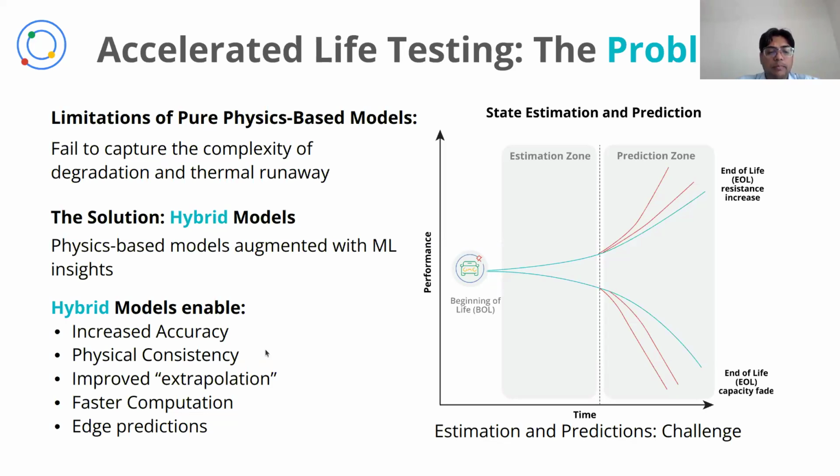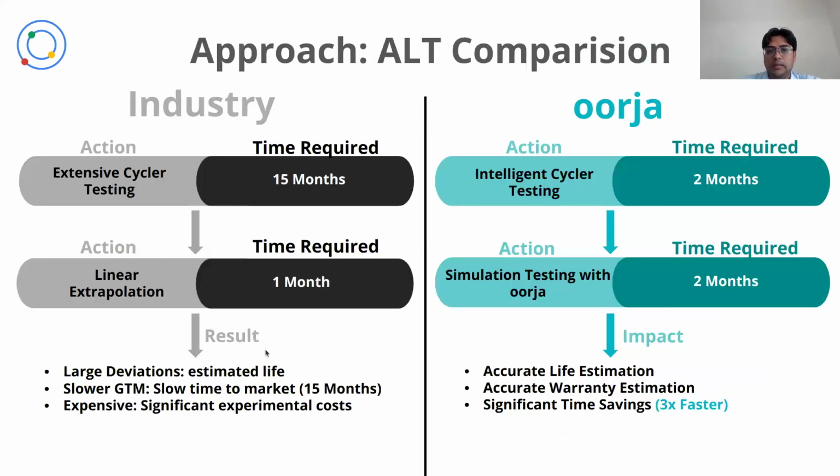At the same time, we have come up with methods which can do these computations faster and can help you predict multiple scenarios quickly and thus estimate your warranties much earlier than what you would typically take when you were to just rely on the experiments.